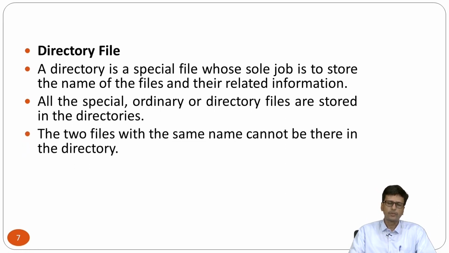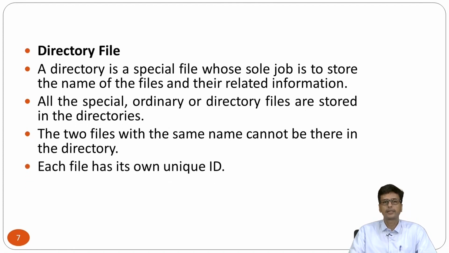Basically, two files with the same name cannot exist in a single location. As you are already aware, in Windows you cannot create a folder with the same name in the same drive, the same partition, or within the same folder. In the same way here, if you have created one file, you cannot create a file or directory with the same name in the same location.